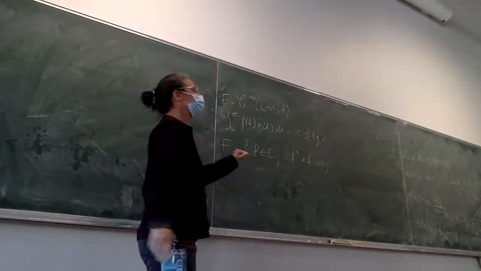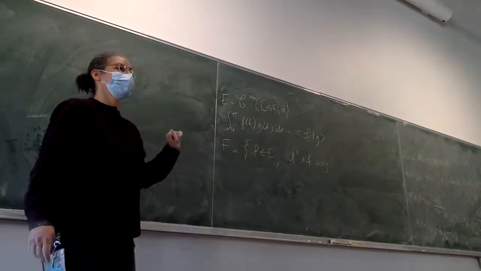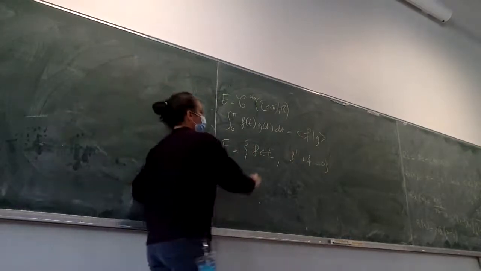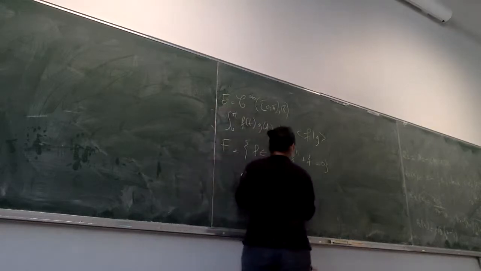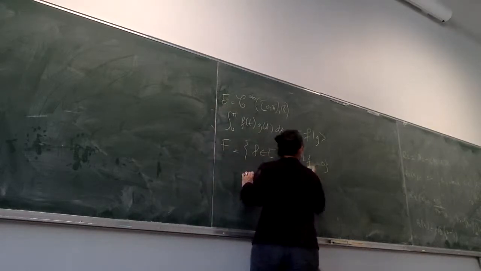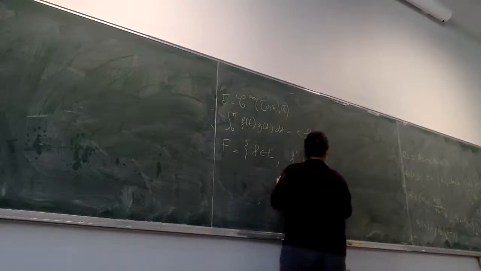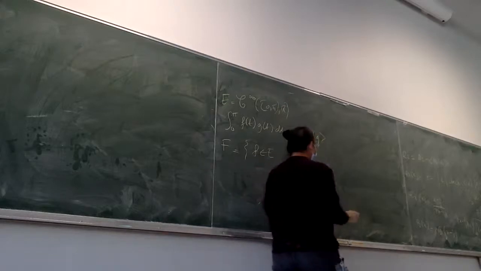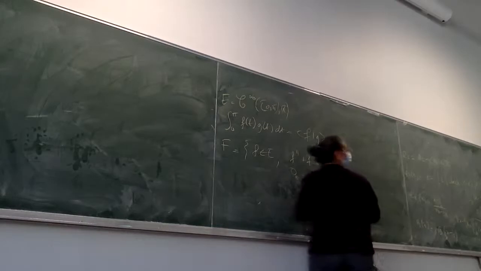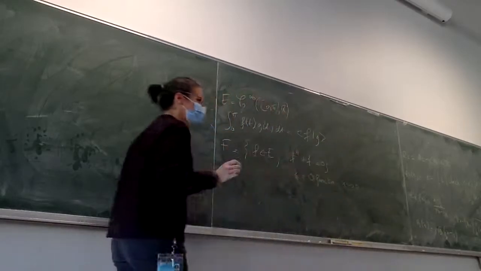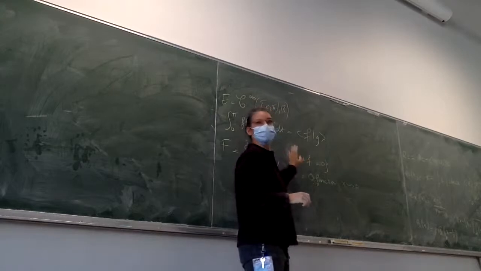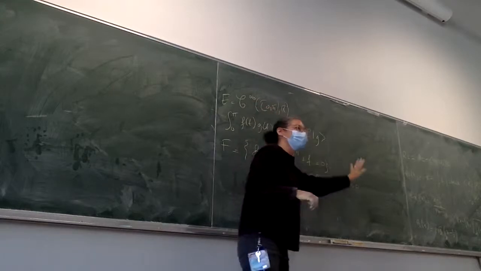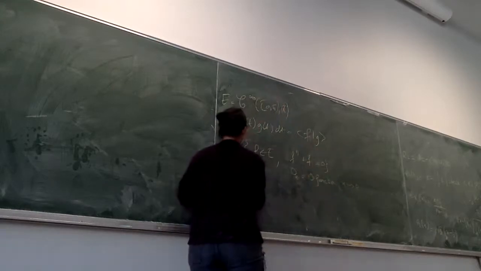Do we have that 0 belongs to that space? The 0 function, the one that for all x gives you 0. Second derivative of this function, 0. 0 plus 0 is equal to 0. So 0 belongs to it.